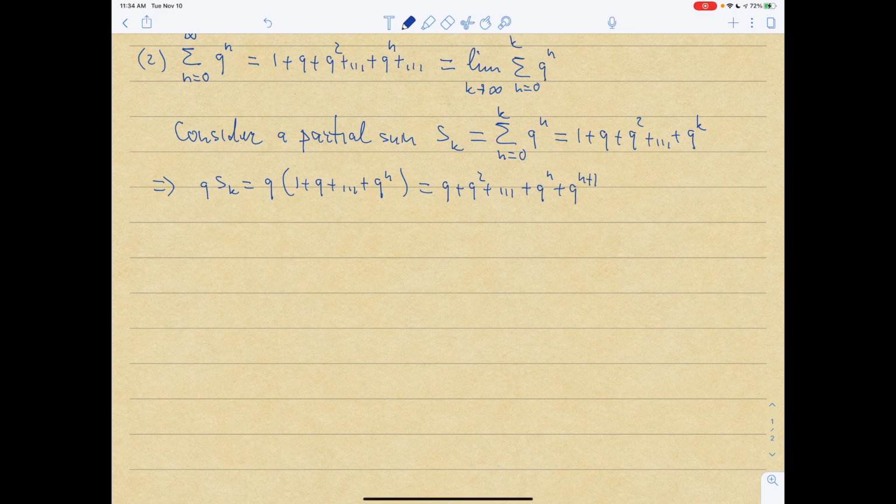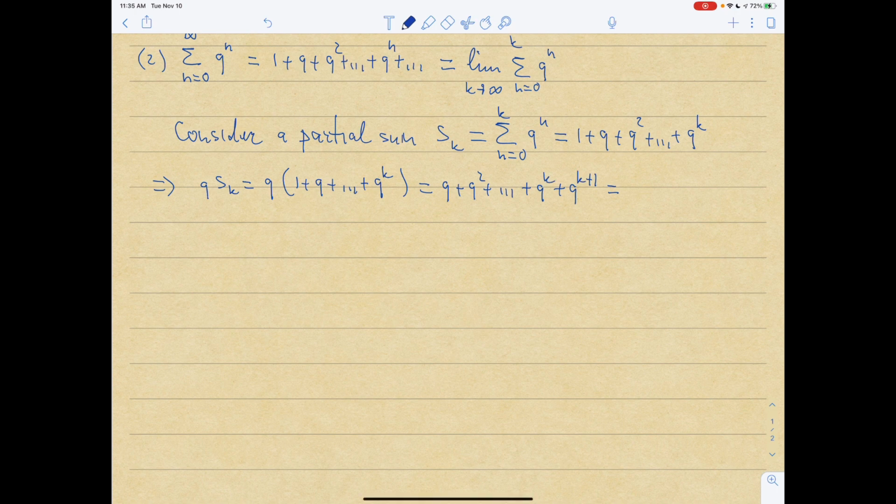Right, so multiplying by q still retains all powers of q, except that they're all now increased by 1. Sorry, it's not q to the n, it's q to the k.